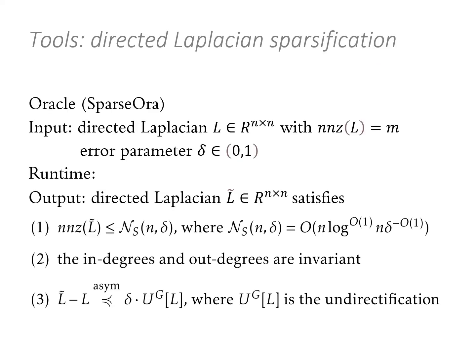We use the directed Laplacian sparsifier as a black box and have three conditions for the output matrix. The first one is natural, and we use the second one to keep it alpha RCDD and guarantee that the upper left block of the normalized adjacency matrix converges to zero quickly. And the third condition is also natural, as we use the notion of asymmetrically bounded throughout this paper.